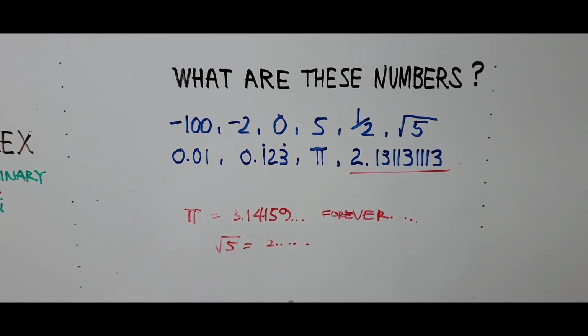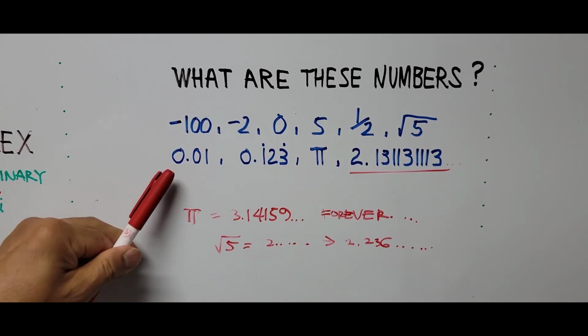On the decimal place, it will never end. So that's why it's called an irrational number. It cannot be expressed as a ratio.